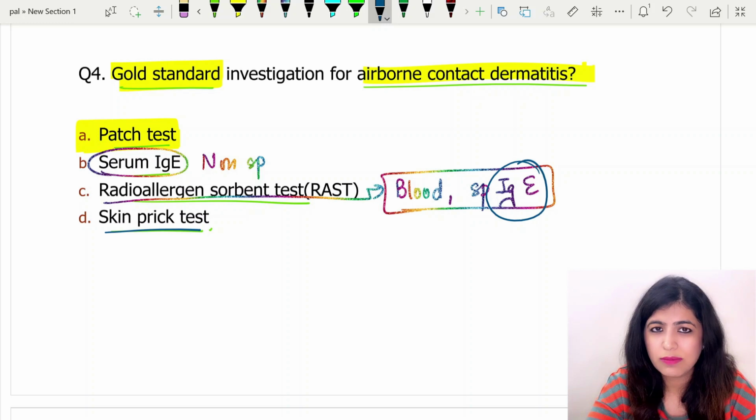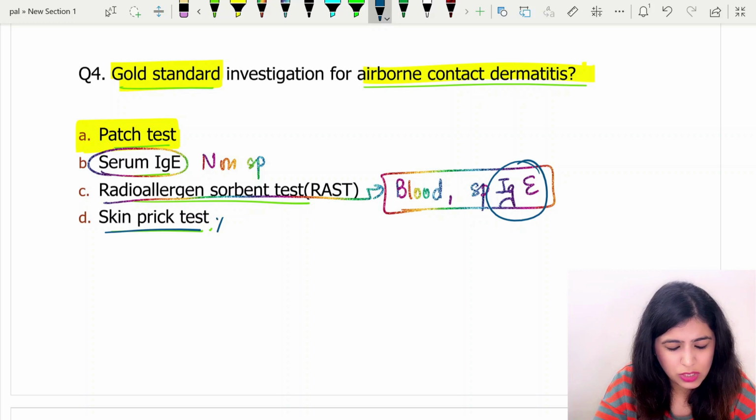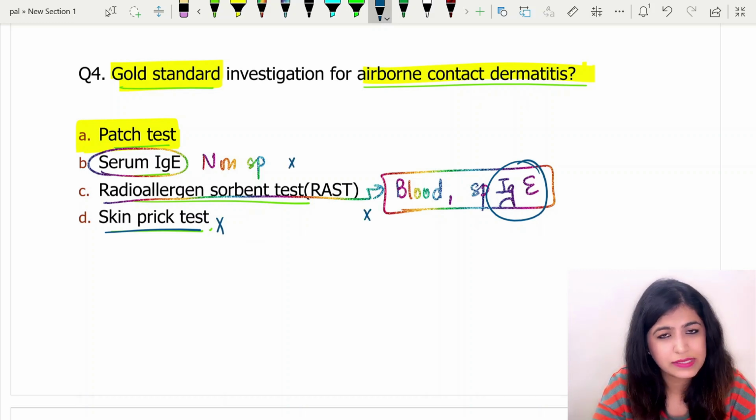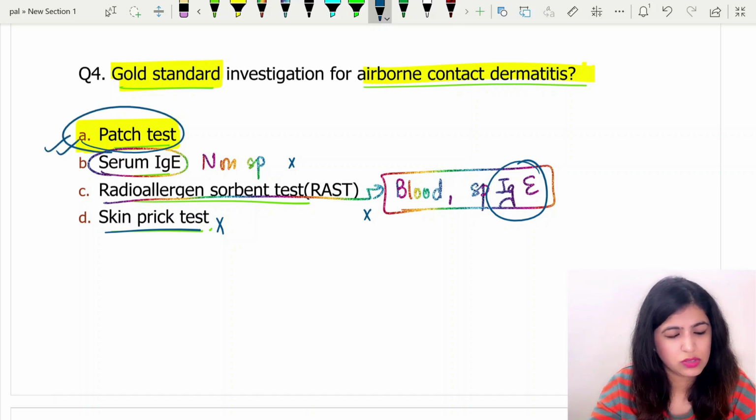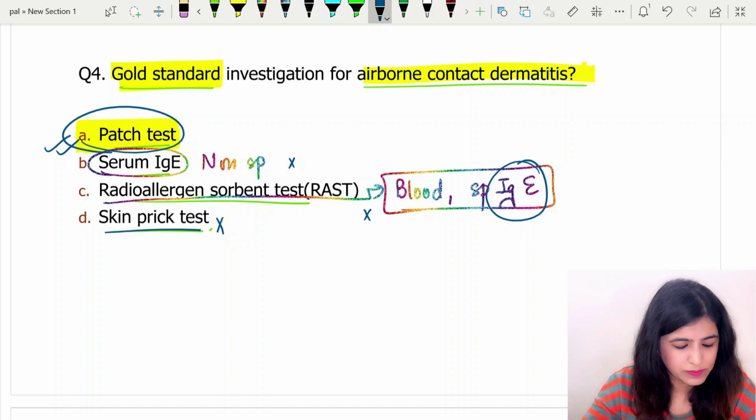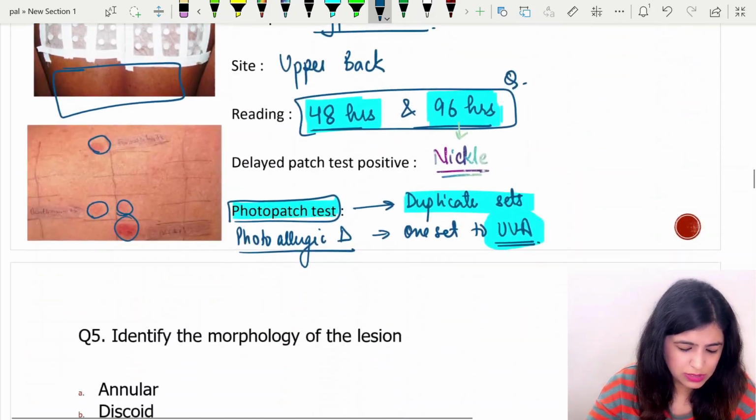You can use them to look if the patient is allergic to that particular chemical, but it's not used very commonly these days. How many pricks will you make on the patient? So we don't really use it commonly. RAST is not specific. IgE is not specific. Even otherwise, by elimination also, the answer is option A for question number 4.